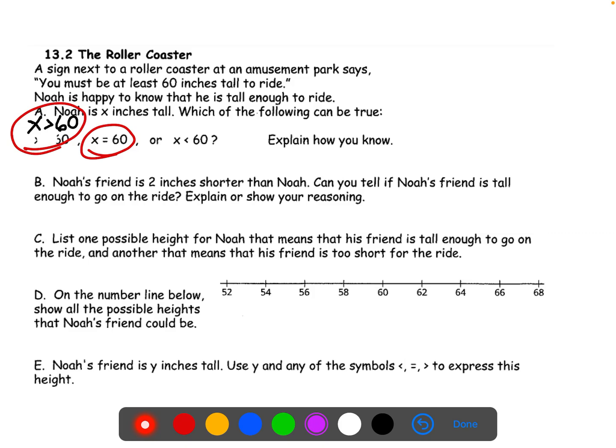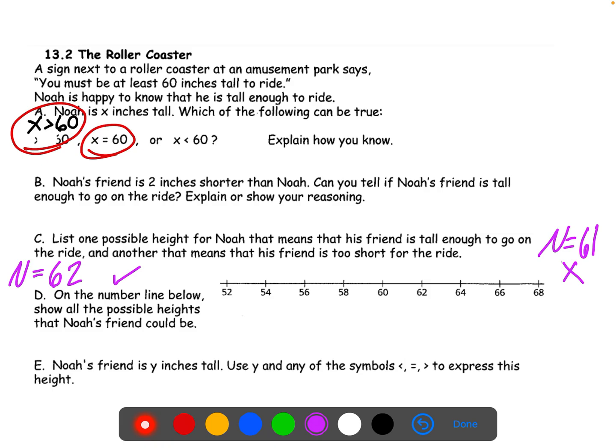So if Noah was 62 inches, then his friend can ride because his friend would be 60 inches tall. But if Noah was, say, 61 inches, then his friend is not going to be able to ride because his friend would be 59 inches tall and that would be too short to go on the ride.